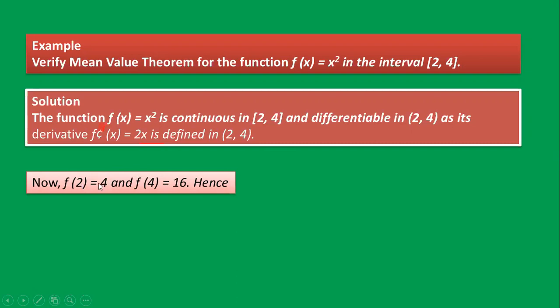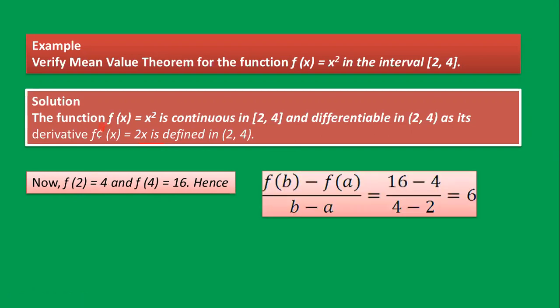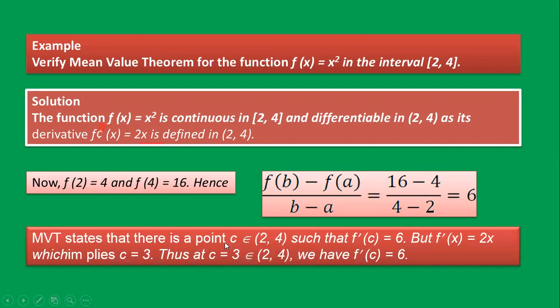Now, the value of f at 2 is equal to, when you put 2 here, 4, and the value of f at 4 is equal to 16. This is very simple. Then we have to find the value of f of b minus f of a upon b minus a. Simply put the values: 16 minus 4 upon 4 minus 2, that is equal to 6. And the mean value theorem states that there is a point C where f dash c is equal to this.